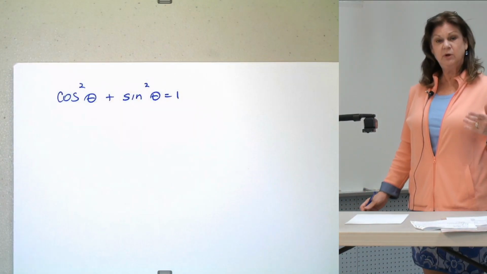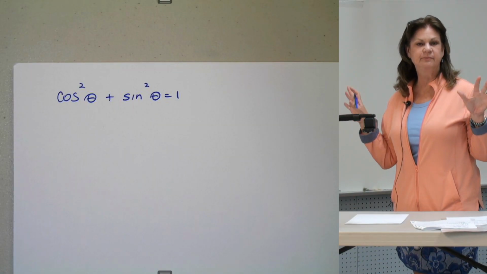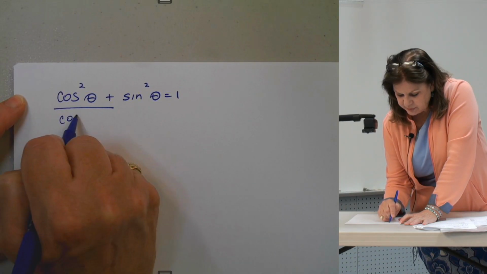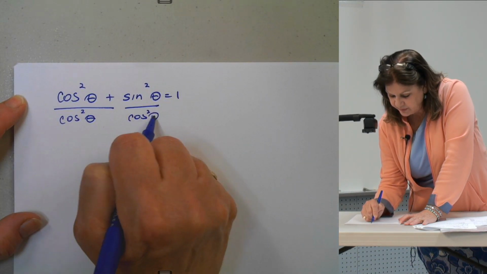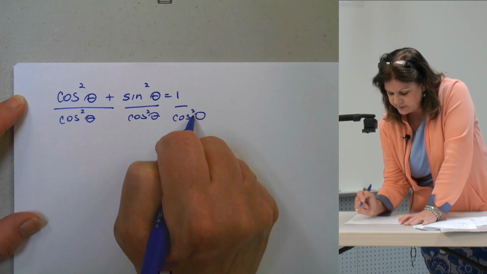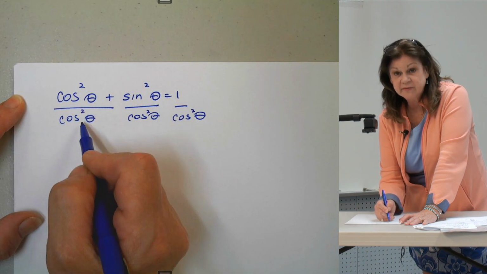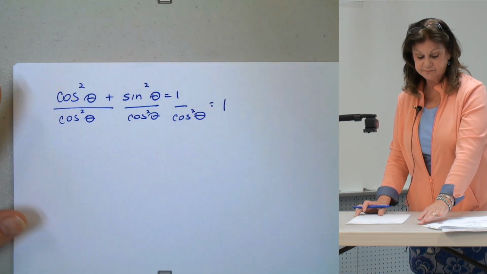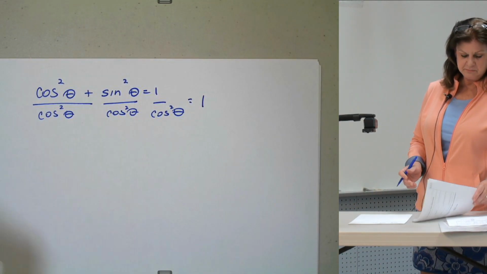So what do I mean? Well, let's just say we decided to divide everything in the granddaddy equation by cosine squared. So cosine squared divided into every term. Cosine squared divided by cosine squared, of course, any number divided by itself is 1. Sine over cosine, that's familiar.